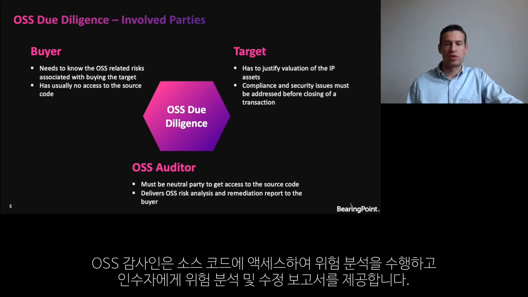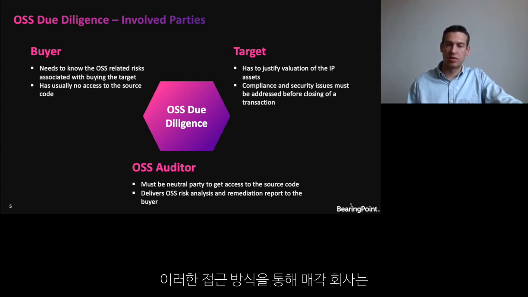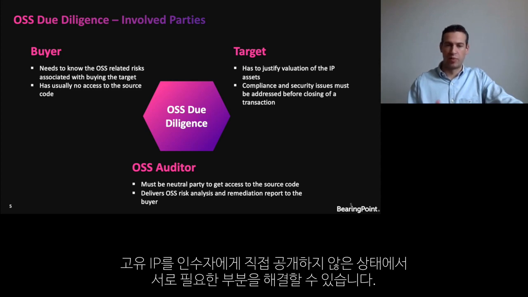The OSS auditor typically then gets access to the source code, performs the risk analysis, and provides this risk analysis and remediation report to the buyer. With this approach, the target does not have to disclose any of its proprietary IP to the buyer, and both sides can still fulfill their specific needs in regard to their risks.